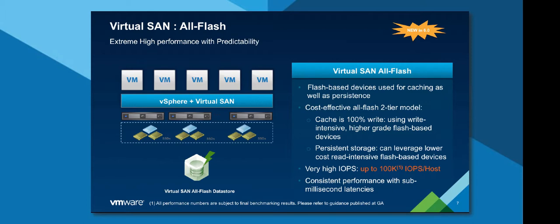Additionally, we're looking at ridiculously high IOPS, up to 100,000 IOPS per host. Take that same idea we had a moment ago inside of the hybrid array, looking at 40,000 IOPS per host. And now we take that up by another 1.5 times, and we're seeing some really dramatic amounts of density and some tremendous scale possibilities.